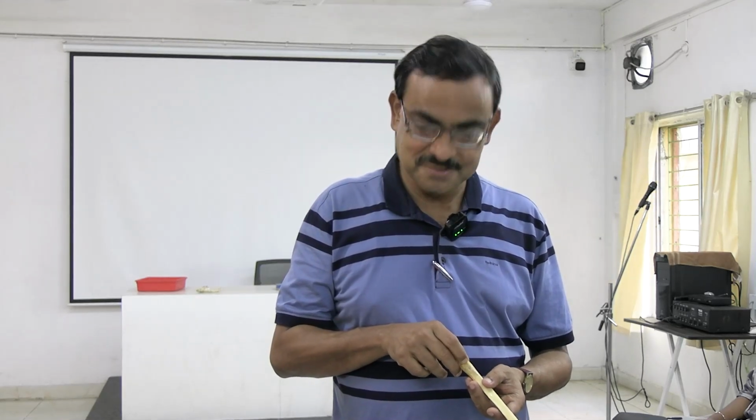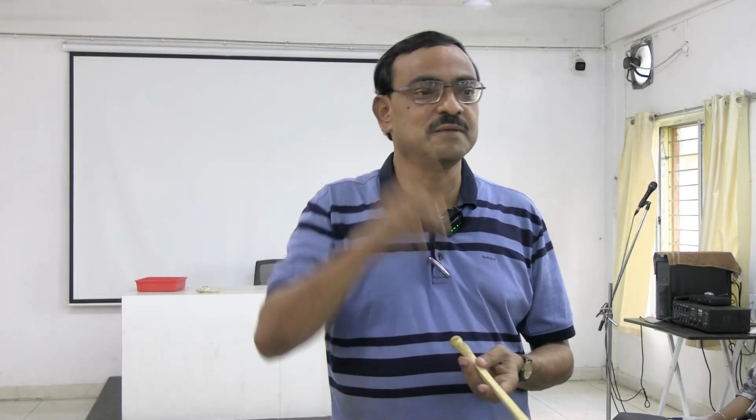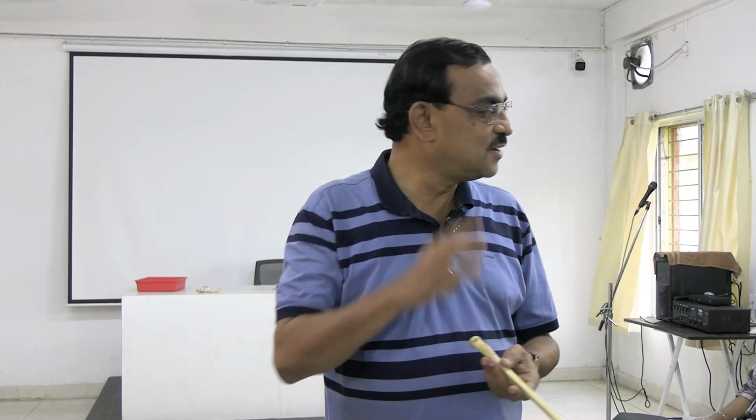The examiner will ask, biceps? You will say yes. Biceps femoris? No, sir, I don't have any idea, I know only the biceps. There are two biceps in the body. One is biceps brachii.